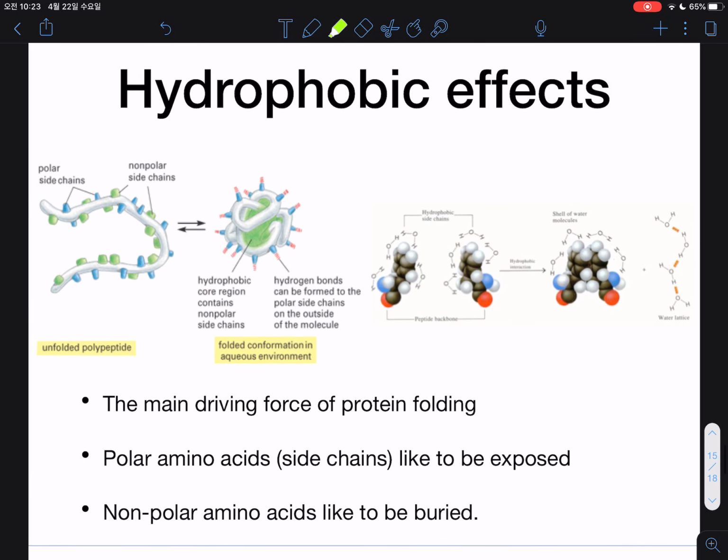The hydrophobic effect is that polar groups like polar solvents, right?